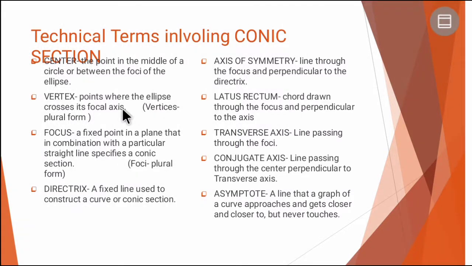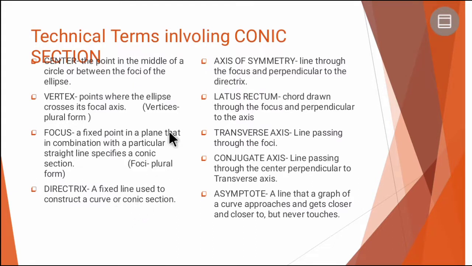Vertex is the point where the ellipse crosses its focal axis; vertices, plural form. Focus is a fixed point in the plane that, in combination with a particular straight line, specifies a conic section; foci, plural form. Directrix is a fixed line used to construct a curve or conic section.